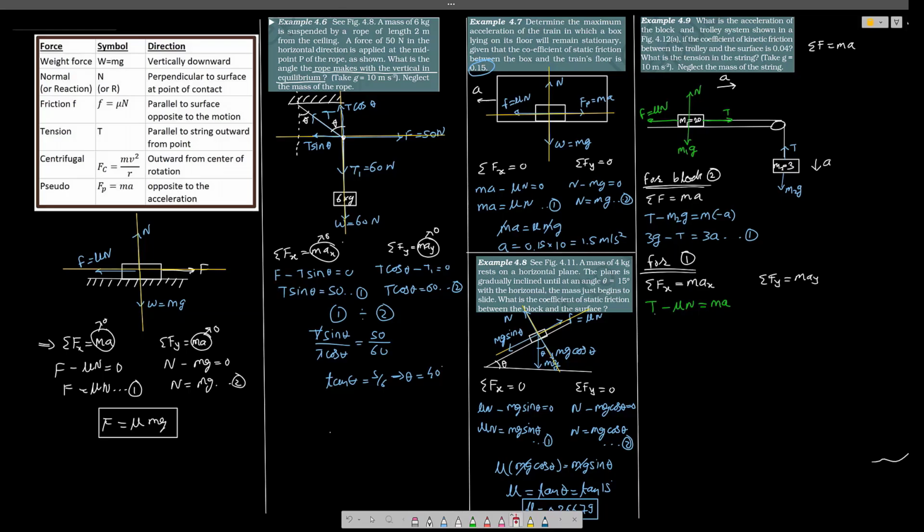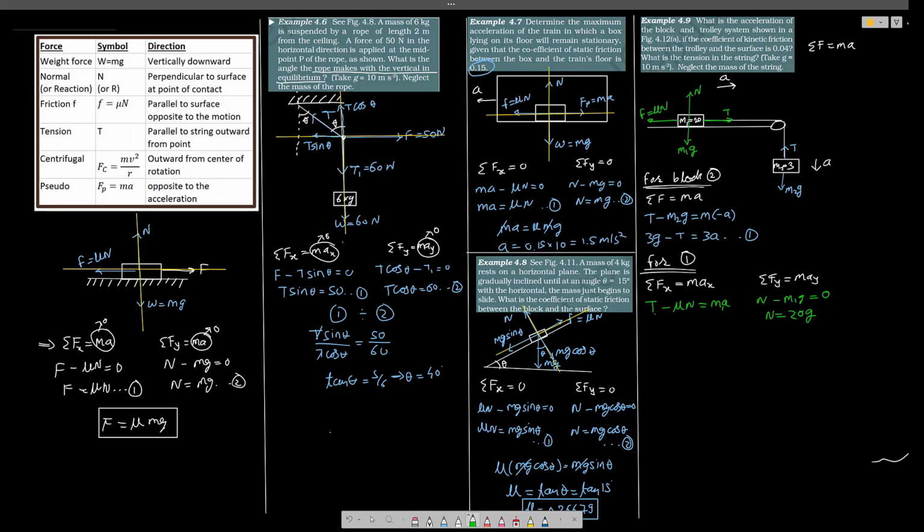In positive y-axis, we have normal force, so that will be positive. And in negative y-axis, we have m1g, so that will be negative. In y-axis, there is no acceleration. Acceleration is only in x-axis. So the y component of the acceleration will be 0. So that will give us value of N, which is m1g, or we can say 20g, right?